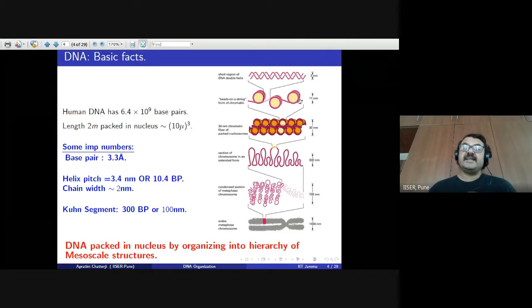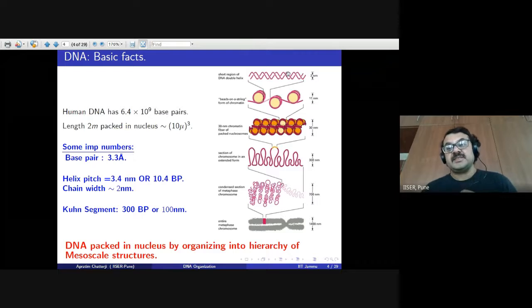Instead, it is wrapped around certain proteins called histones to form the so-called 11 nanometer fiber, and that in turn gets assembled into the so-called 30 nanometer fiber.